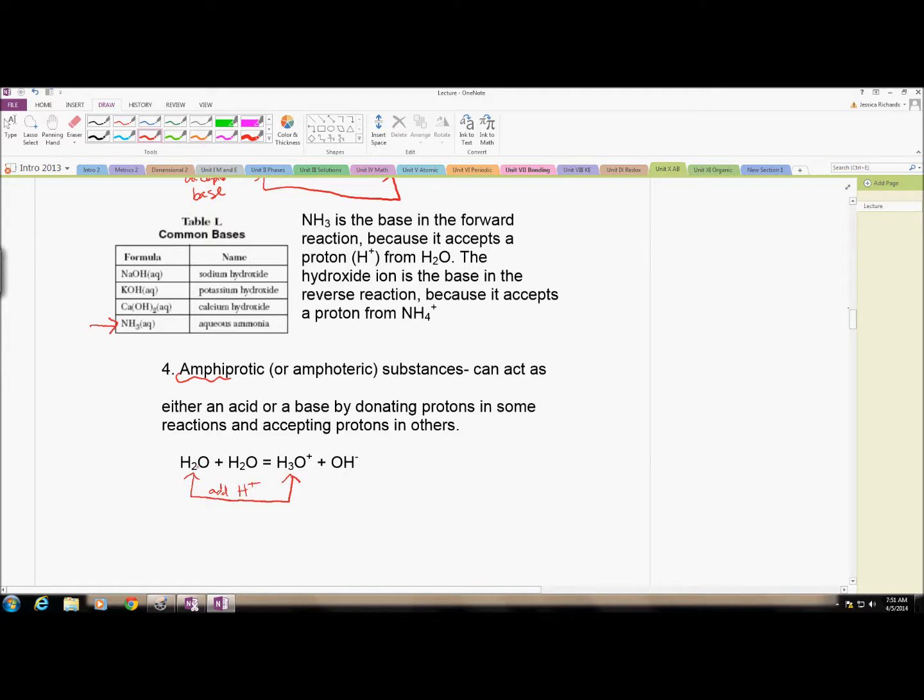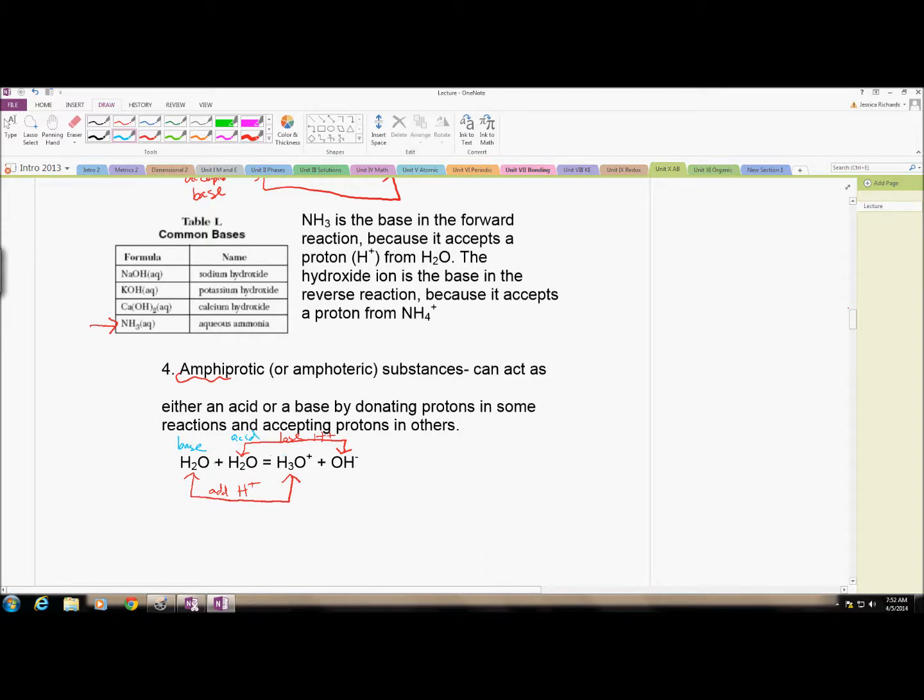That means that this H2O is accepting a proton, and proton acceptors are bases. This other water, then, would have to be where the proton came from, and it's going to lose a hydrogen. So to go from H2O to OH-, two hydrogens to one hydrogen, you lose an H+. So it is donating a proton, and so this water is acting as an acid.